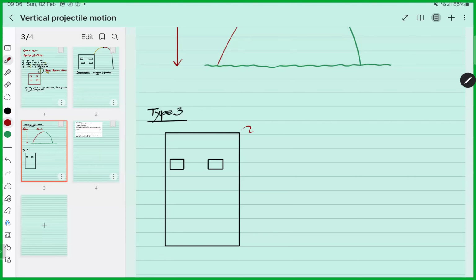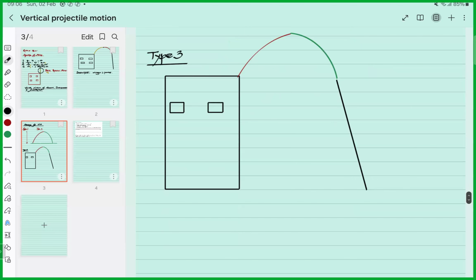So that object is going to go up into the air, reach maximum height, come down to its starting level, and then from that starting level, it's going to go to the ground. So that's your type 3 question.